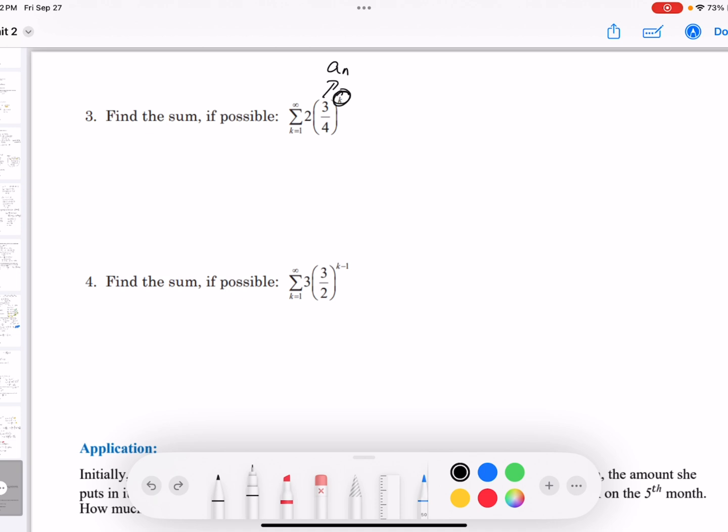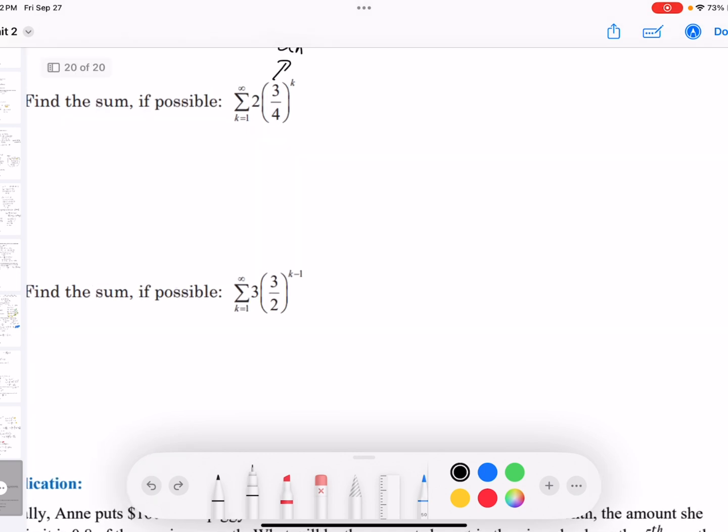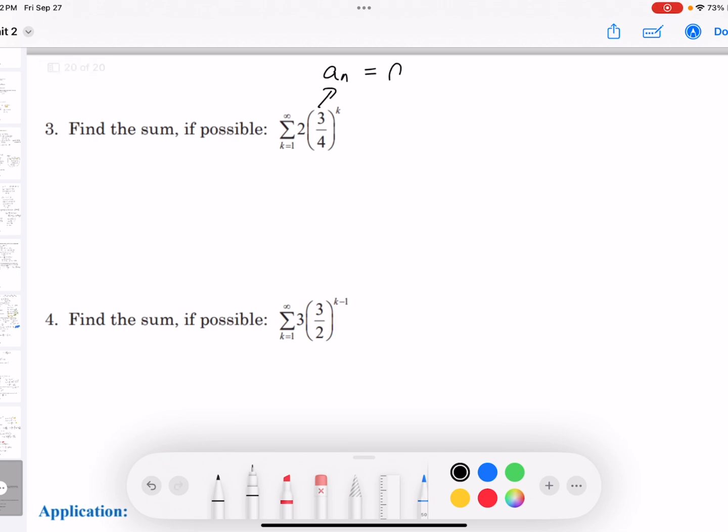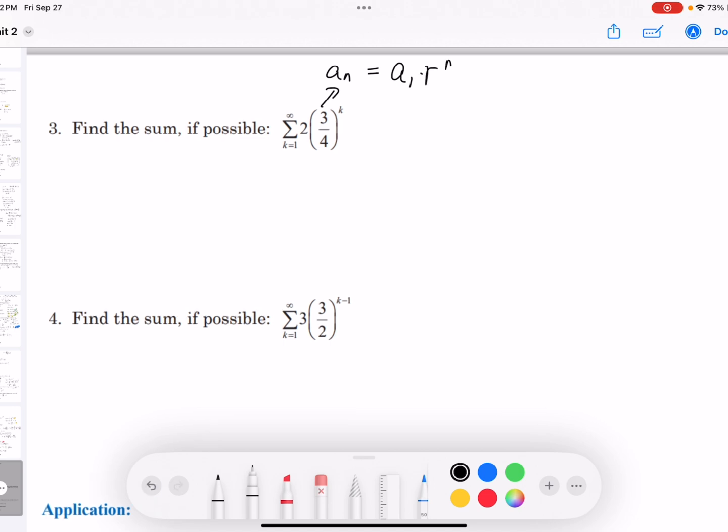So if k goes to infinity, I can assume that the part I circled is k minus 1, because infinity minus 1 is still infinity. So we can just say this is a geometric series. So what is a sub k? We have a sub n equal to a sub 1 times r to the n minus 1. Since n is infinity, minus 1 is still infinity, we can ignore this part.